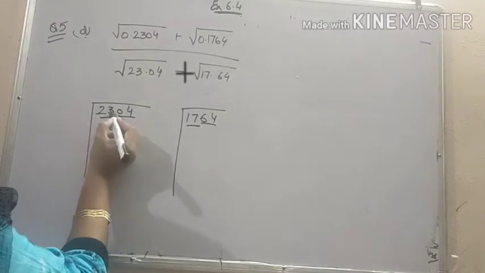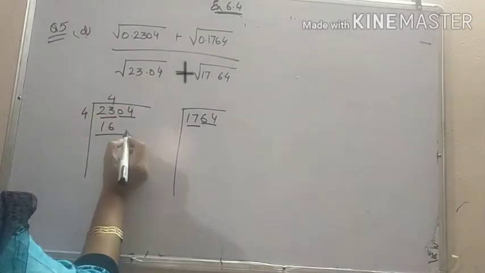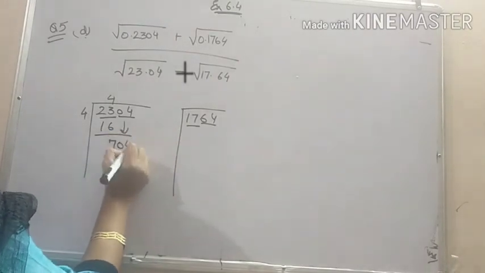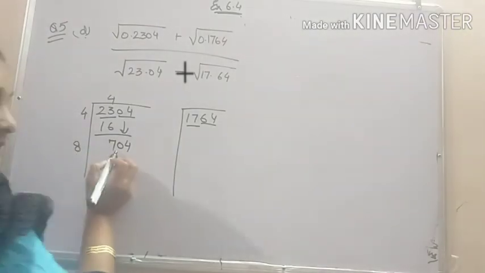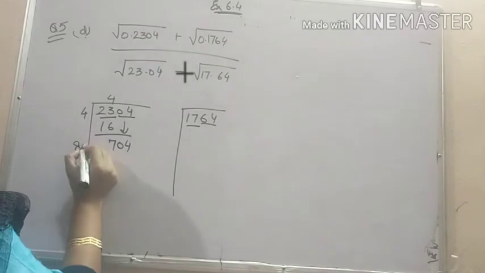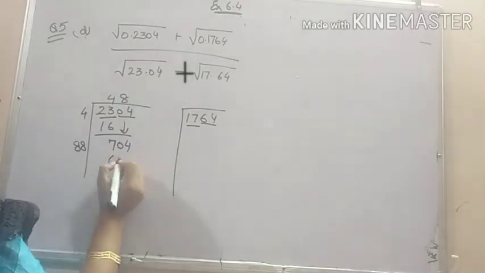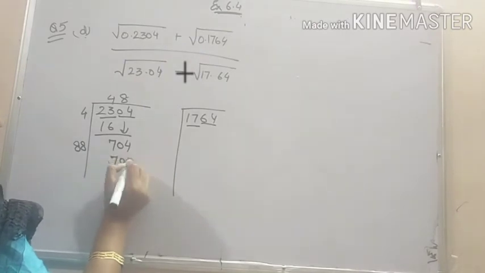Now see, 23, 4 4s are 16, 7 will come. Bring the next pair down, 04. Double of 4, 8. Now in the table of 8, 80 will go on. 8 8s are 64. So it will be 704 only.